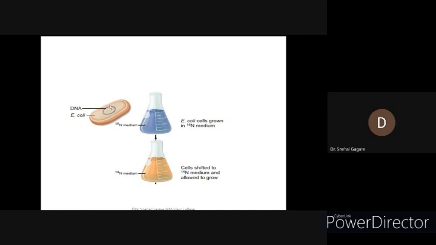So whatever DNA or genetic material this E. coli had, it had N15 nitrogen in the DNA. And later on, the same E. coli was grown on N14, that is, the normal or lightweight isotope of nitrogen.